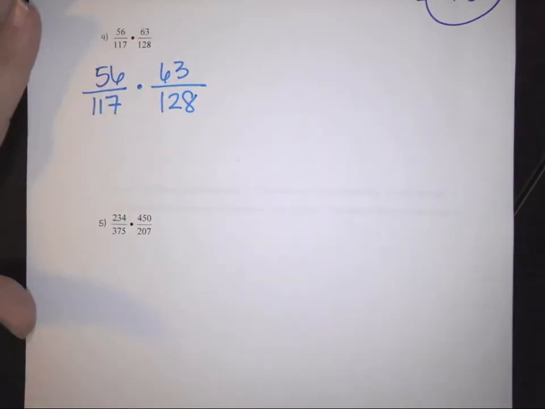Now, let's look at a couple that have some really big numbers. Alright, so I have 56 over 117 times 63 over 128.